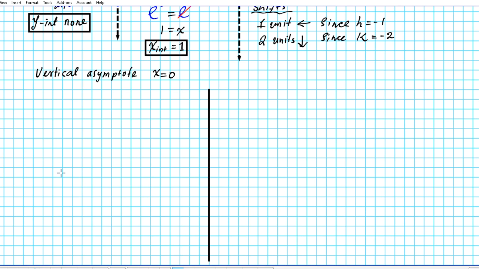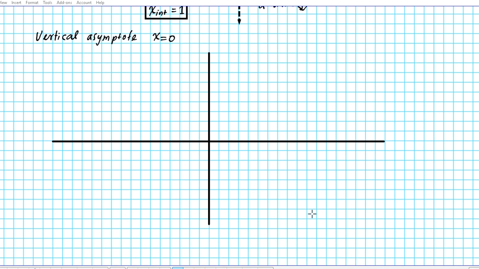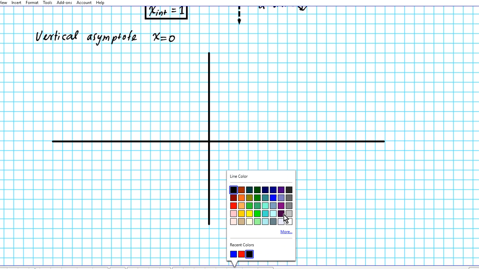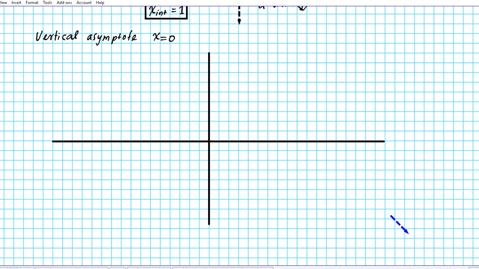So there goes our y-axis, and then we're going to put our x-axis right in the center. Let's start by graphing our original vertical asymptote. Change colors, let's make this blue. Our original vertical asymptote is right on the y-axis as indicated earlier.